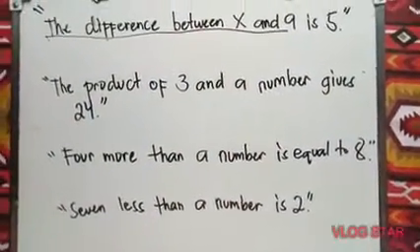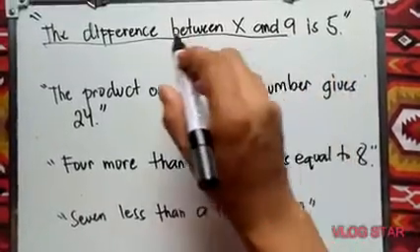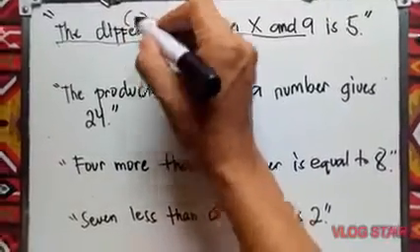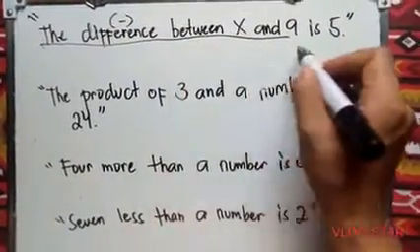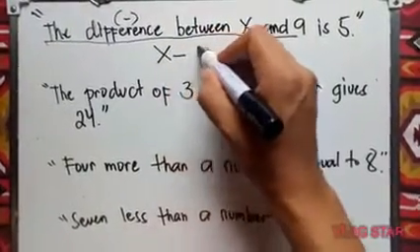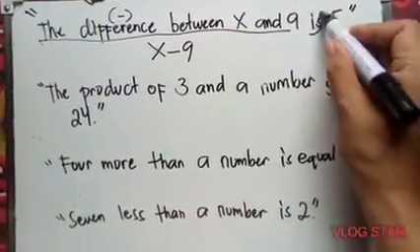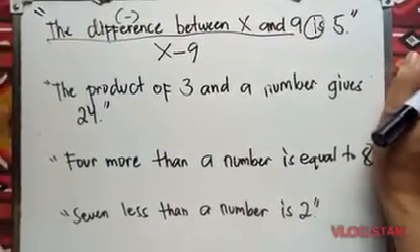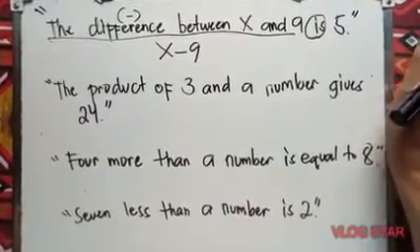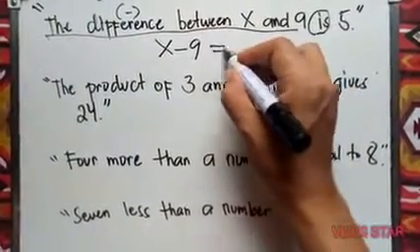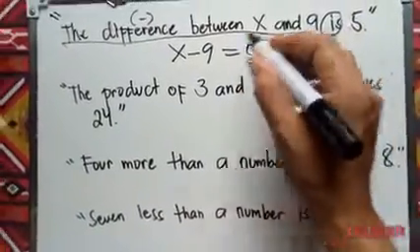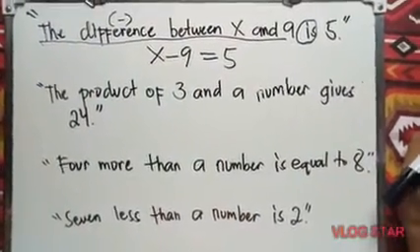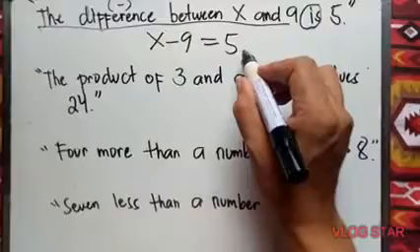Difference means subtraction, so x minus 9. Then is, you can replace it with the equal symbol, then write 5. So the equation of the difference between x and 9 is 5 is x minus 9 is equal to 5.